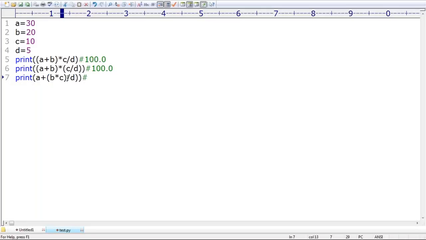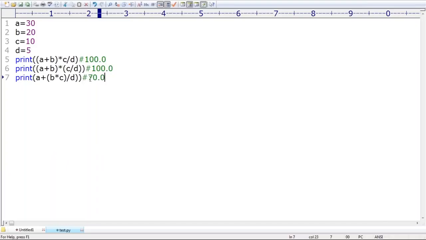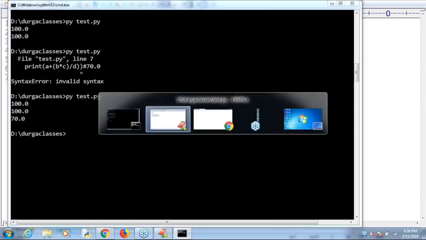Then division gets more priority: 200 by 5, which is 40.0. Then 40.0 plus A gives 70.0. Not 70, but 70.0 by default. Clear? This is what you should be aware of.